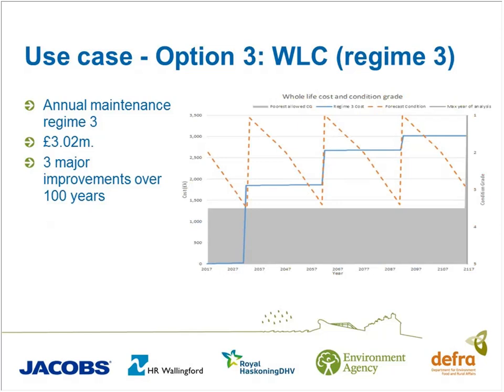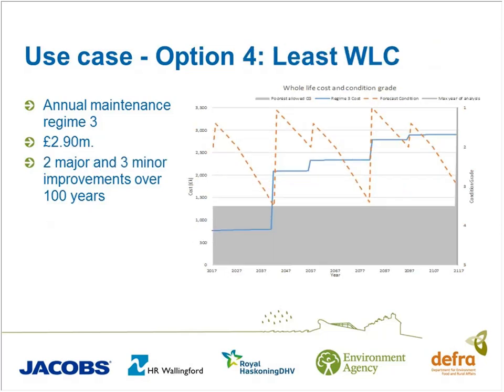So then the final stage is to think about what the least cost might be. If we've selected annual maintenance regime 3, and we think about what minor improvements we can make over that asset's life, here we've looked at different combinations and established that we can drop the whole life cost a little bit further if we forecast some more minor improvements over the asset's life.